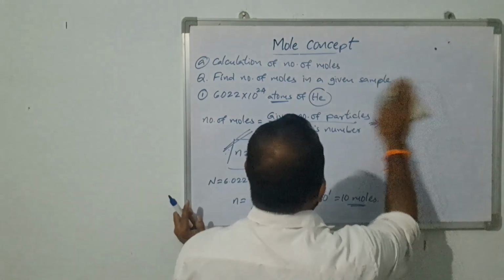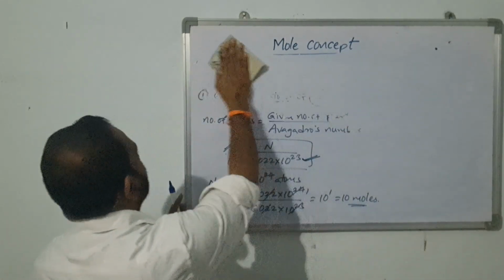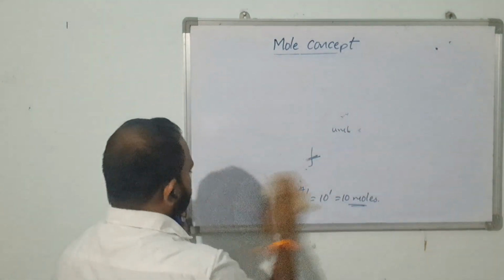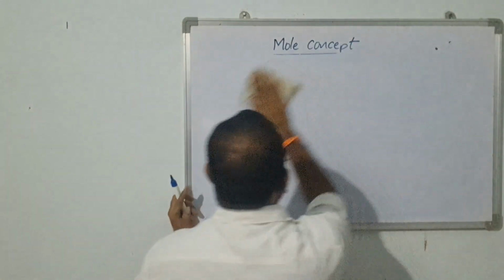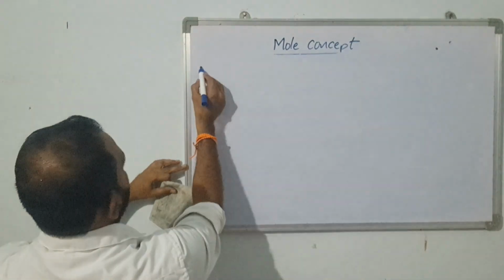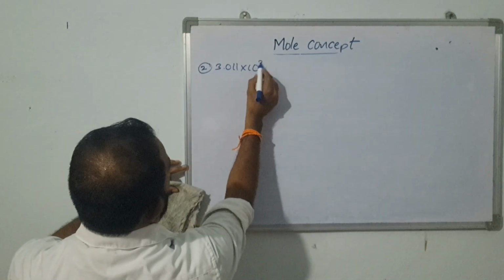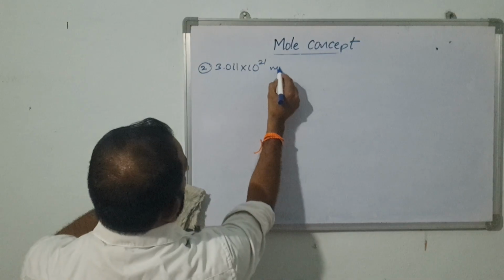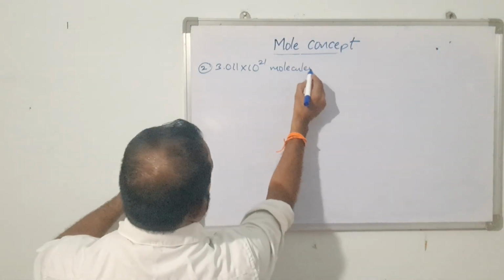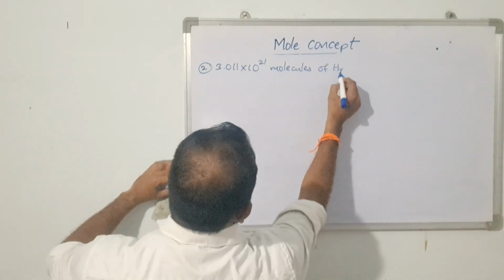Okay, and the second question is 3.011 into 10 power 21 molecules of hydrogen gas.